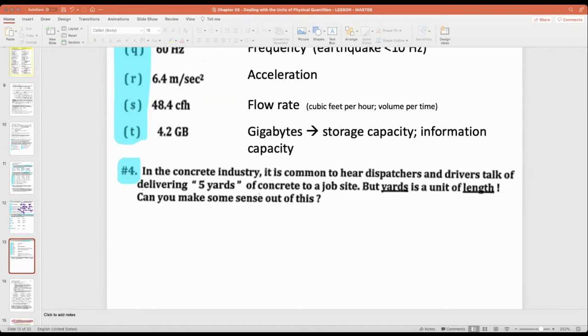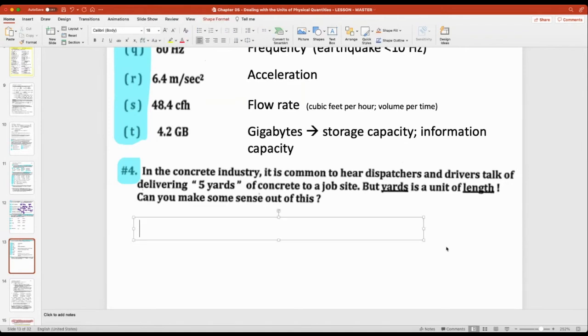Okay, so what's the discrepancy here? What the heck's happening here? We have a dispatcher saying deliver 5 yards. So what's the issue here? Any thoughts about that?